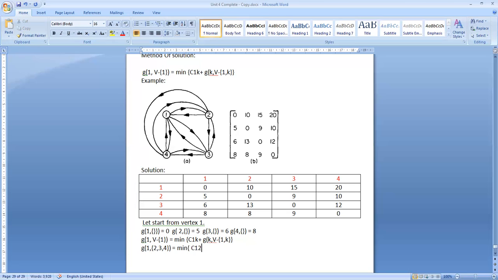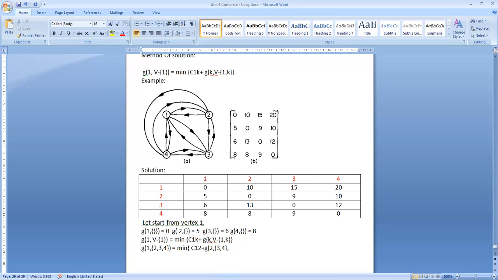C1 2 plus, after visiting vertex 2, from there visit the remaining vertices, so g of 2 comma {3, 4}.